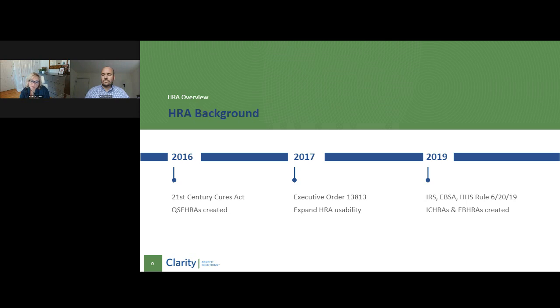Now, with the EBHRA, employers who offer group insurance can provide reimbursement for certain excepted benefits, even to employees who decline their group health coverage. Again, we're going to get into details in a moment, but we had to lay that out for you.